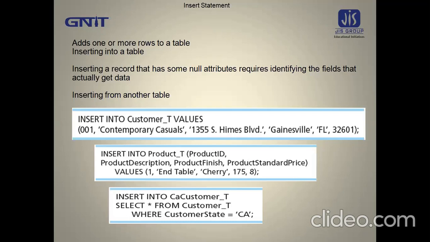So that will insert data where the customer state is CA. First, it will fetch those data from Customer_T and it will insert those data in CA_Customer_T.